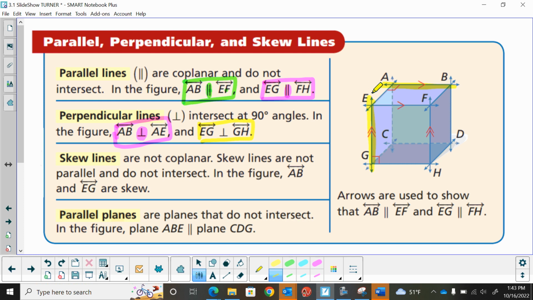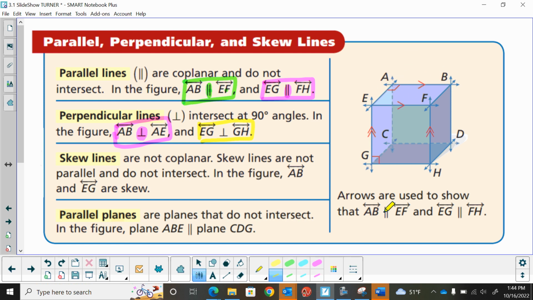So it's going up and down. It's got a horizontal direction and a vertical direction on totally different opposite walls. Okay, that's skew lines. And there's no symbol for skew, so you would just say that line AB and line EG are skew.